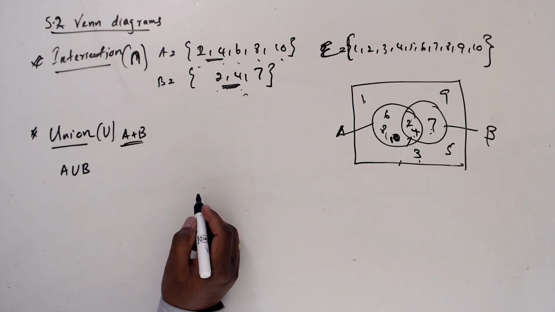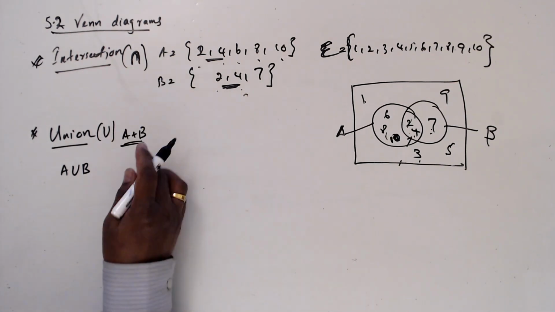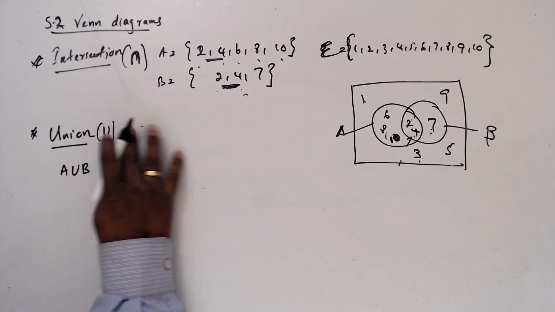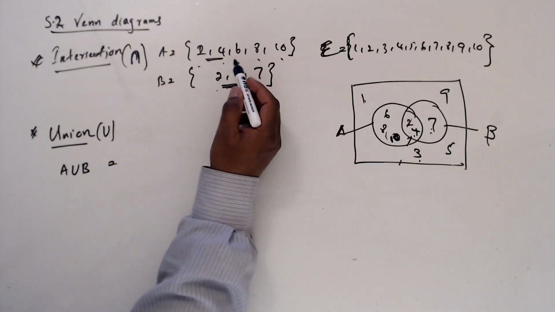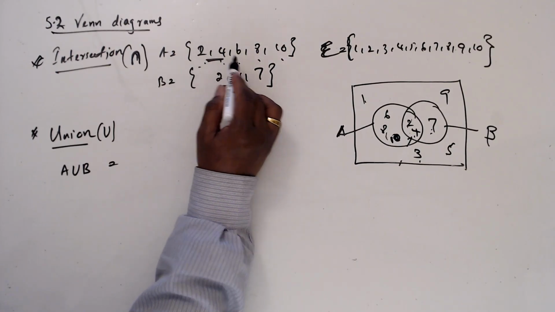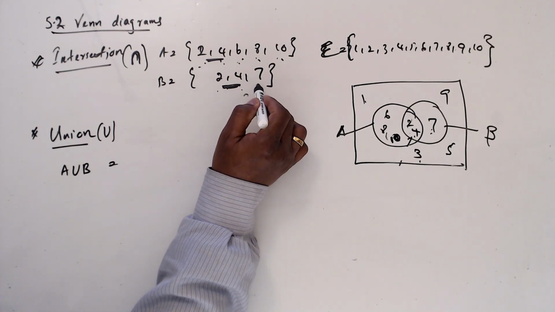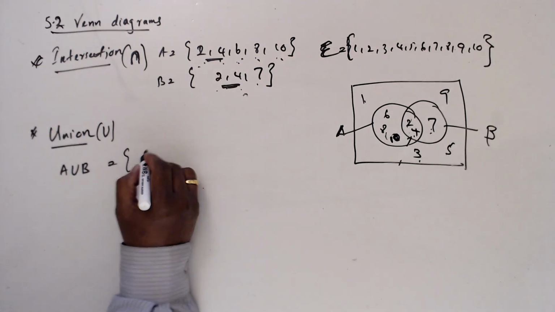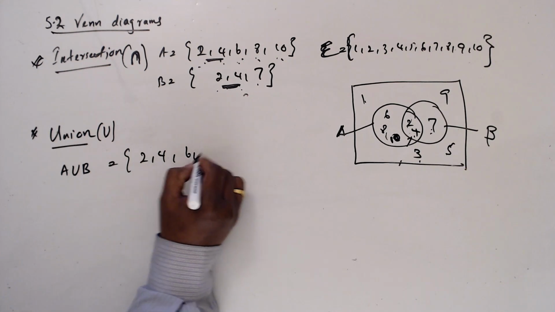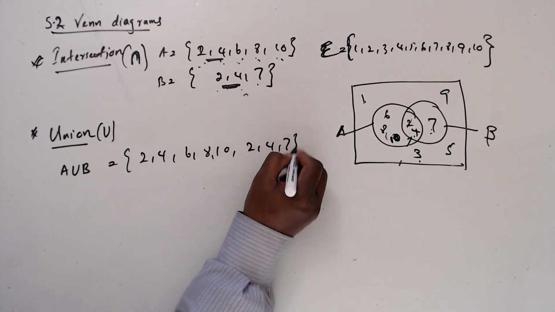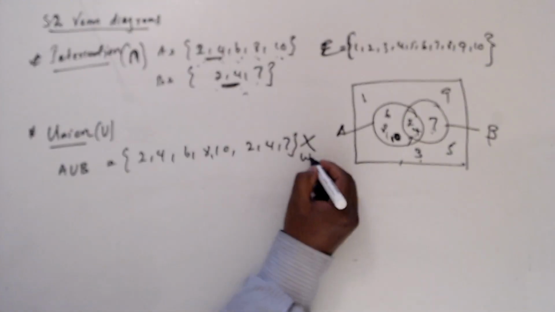It means you need to have the elements that belong to both A and B. So what are the elements that belong to both A and B? 2, 4, 6, 8, 10 and 2, 4, 7. Now, if you write 2, 4, 6, 8, 10 and 2, 4, 7, this is wrong.